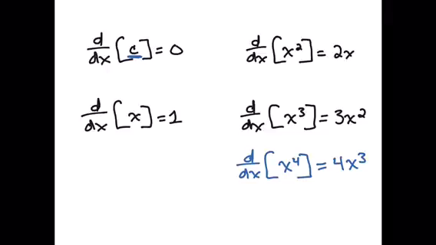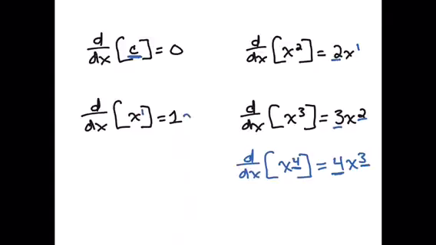There's a pattern here, and it turns out the derivative of x to a power is the power times x to 1 less power. So x cubed, we got the 3 out front, and then we get 2 for a power. X squared, the 2 comes out front, and we get 1 for a power. For 1, this is really an x to the 1.